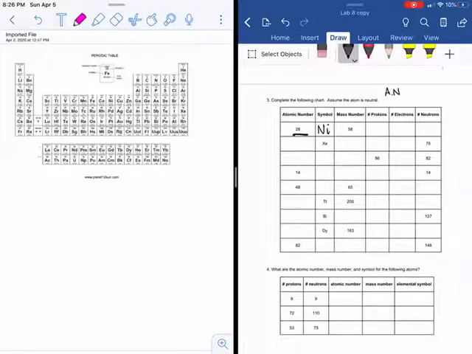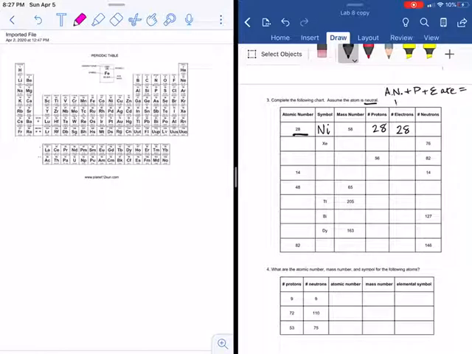That's nickel. Atomic number, protons, and electrons are equal. So that means there are 28 protons and 28 electrons, because it says the atom is neutral, which means there has to be the same number of protons as electrons.